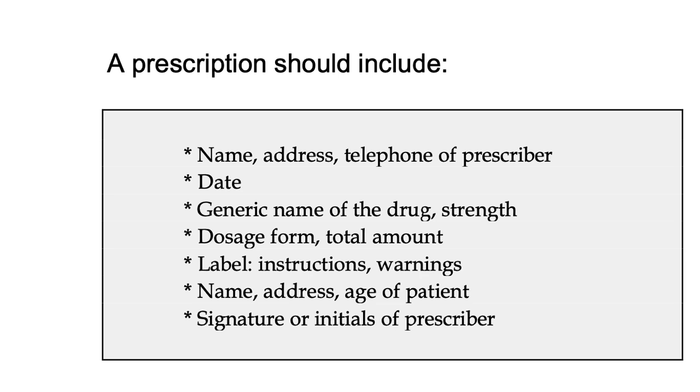The drug should be written; the generic name is very important. If you believe the brand is necessary, you need to write that. You need to write the dosage, the strength, and the amount, and there should also be a label giving the patient the important information, as well as the patient's name and age, and you have to sign at the end.